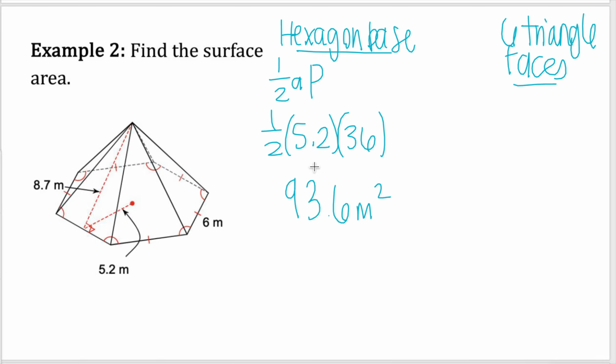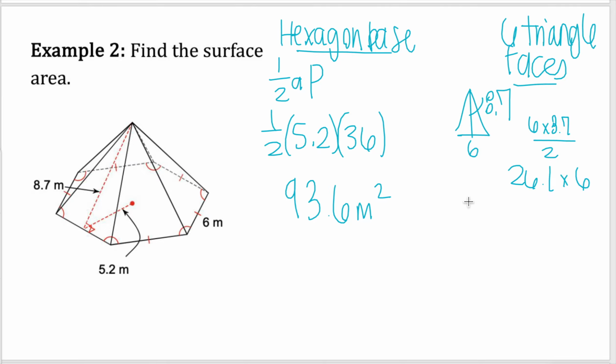And then the triangle faces, each triangle face has a base of 6 and a height of 8.7. So I'm going to take 6 times 8.7 and divide that by 2. And I'm getting about 26.1 for each triangle, but that would be timesing it by 6 because I have 6 triangular faces.